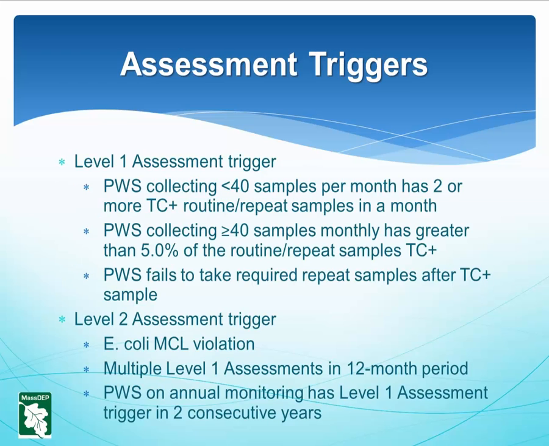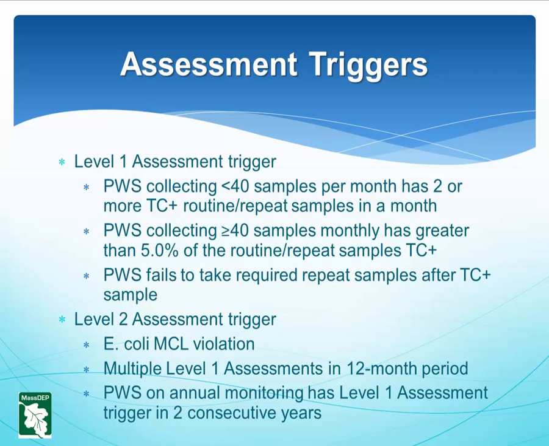Level 1 assessment triggers are caused by a PWS collecting less than 40 samples per month which has 2 or more total coliform positive routine and/or repeat samples in a month. A PWS collecting 40 or more samples in a month which has greater than 5% of the routine and/or repeat samples that are total coliform positive. Or a PWS fails to take the required repeat samples after discovering a total coliform positive sample.